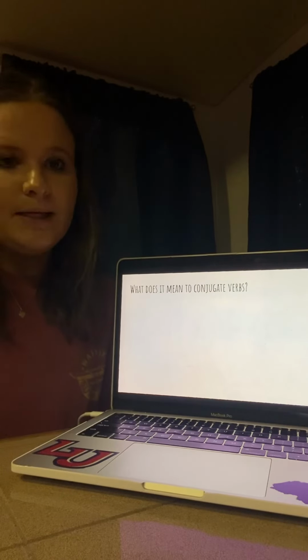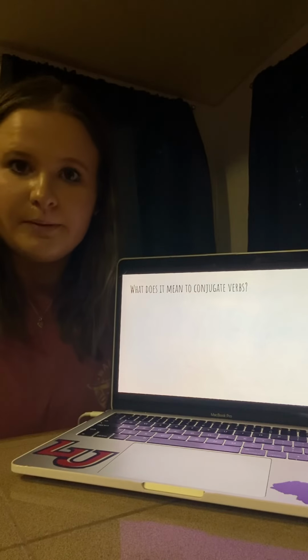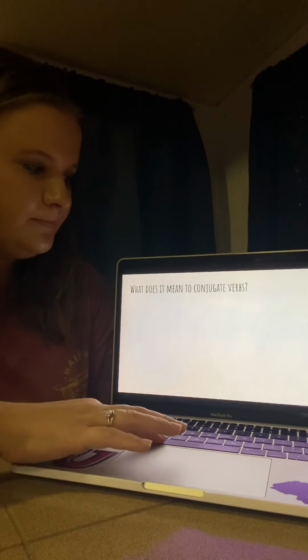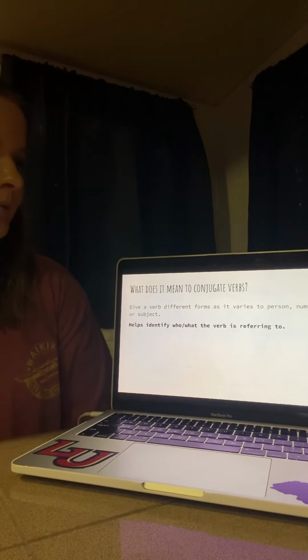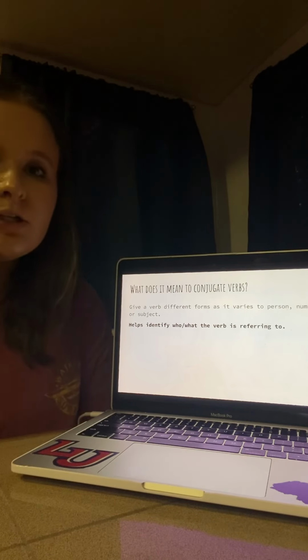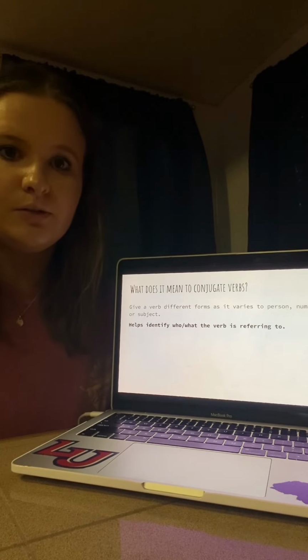So what does it even mean to conjugate verbs? Kind of the same as our last question that we just talked about. But it means to give a verb different forms as it varies to person, number, or subject. So like we said, it helps to identify who or what the verb is referring to.